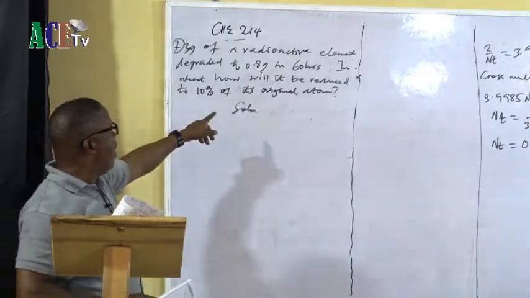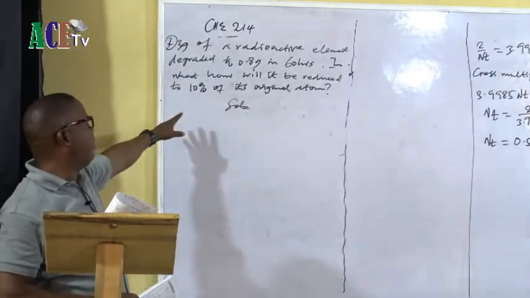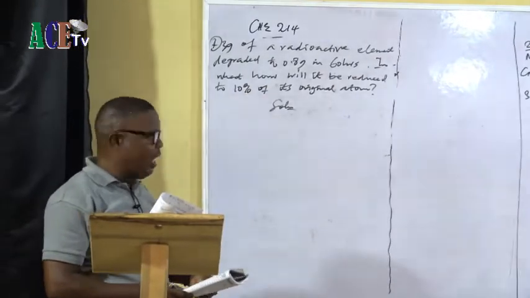In what hour will it be reduced to 10% of its original atom? 3 grams of a radioactive element degraded to 0.8 gram in 60 hours. In what hour will it be reduced to 10% of its original atom?